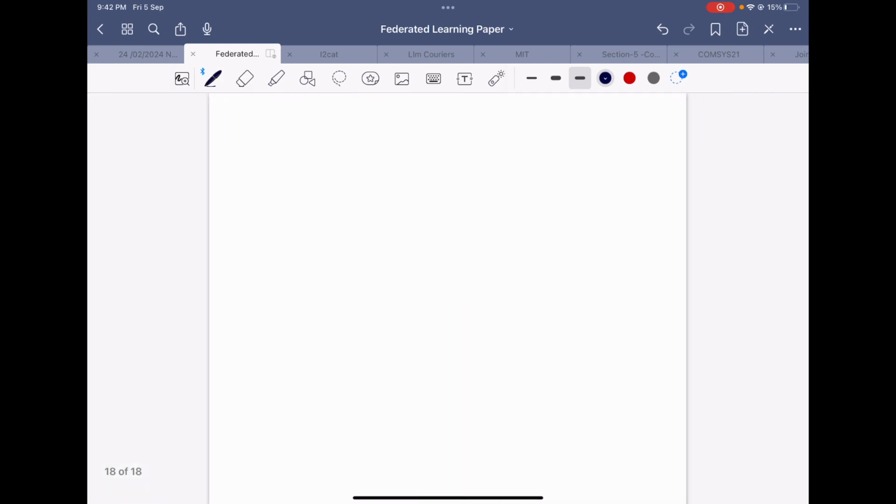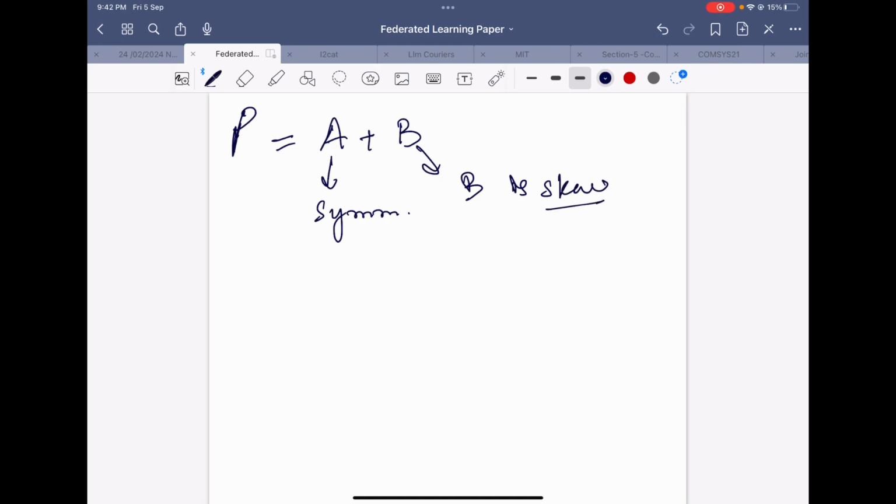Well, let's say that we have a matrix B, which equals A plus B, such that A is symmetric and B is skew symmetric. Now we know that for a symmetric matrix, A is equal to A transpose, right? For skew symmetric, B is equal to minus B transpose.